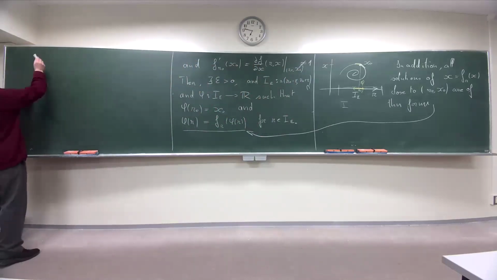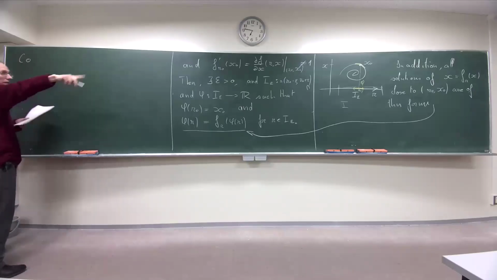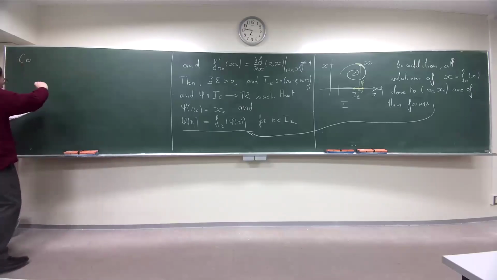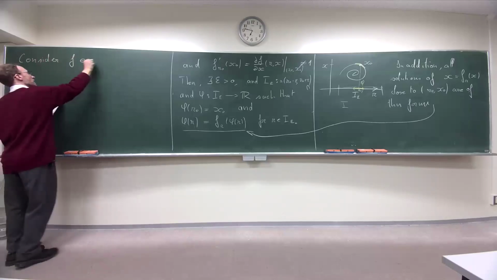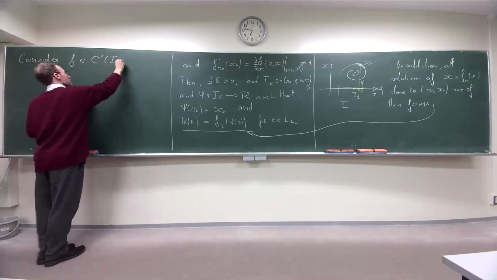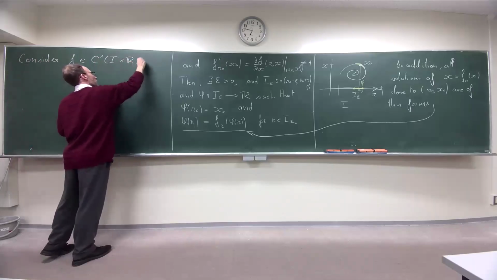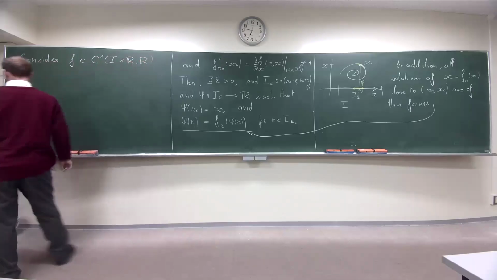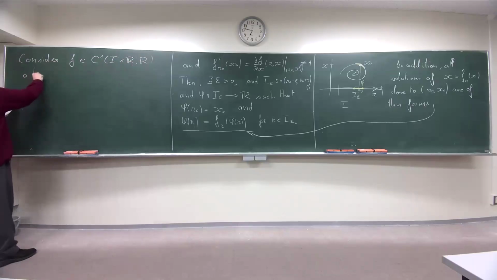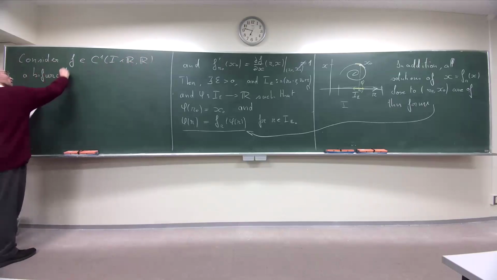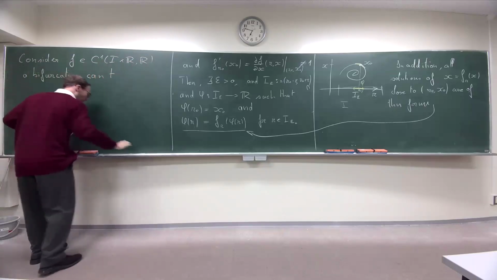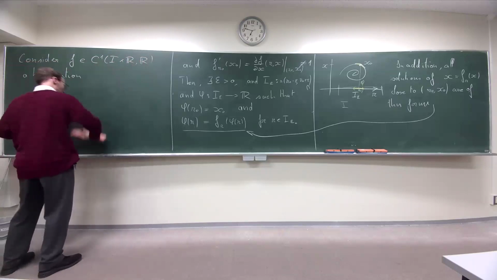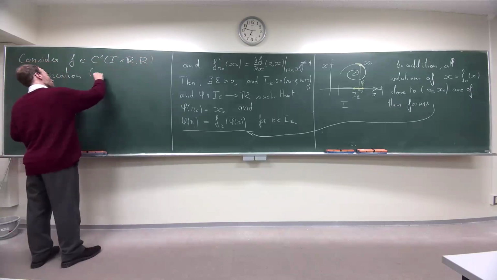Now, the theorem is ended. But if we consider now precisely an f which is C1 of I times R, and also in this framework, a bifurcation can take place. Okay, I should say a bifurcation with one parameter.